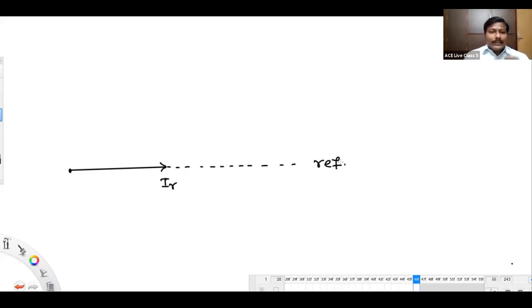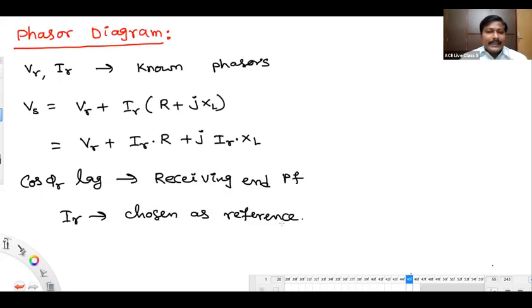Next, how will the receiving end voltage VR be? Tell me please, is it leading or lagging? See, power factor we are saying lagging now. Power factor lagging means IR will be lagging with respect to VR. So I can say definitely VR will be leading.